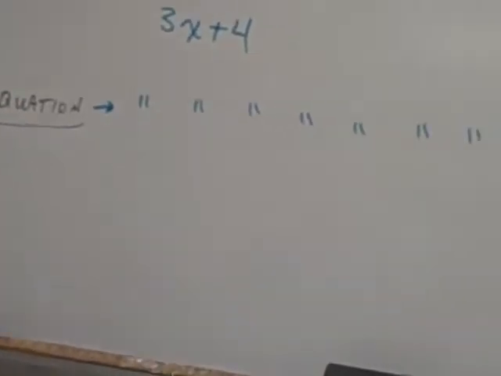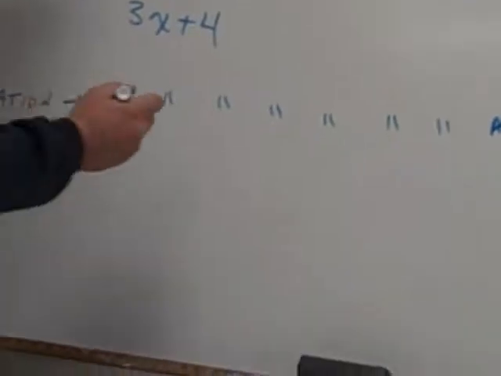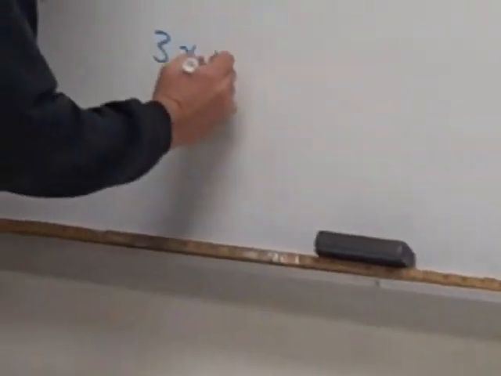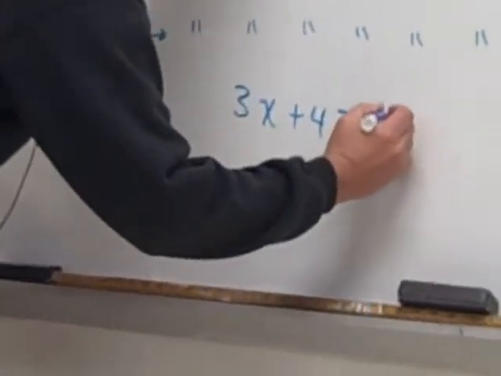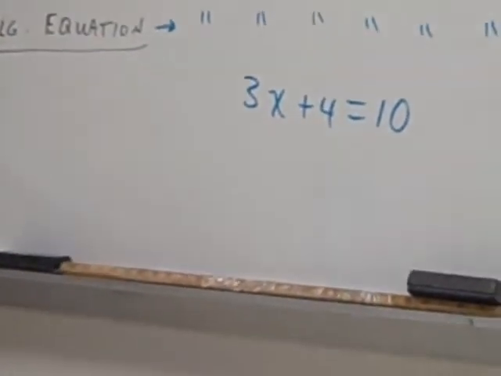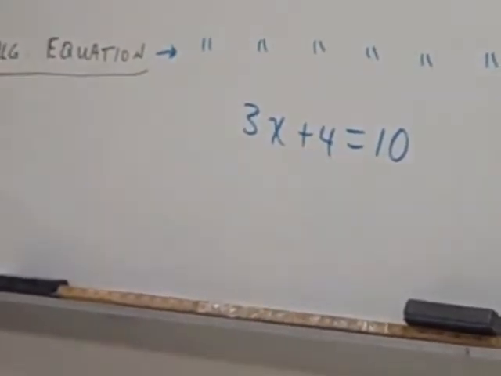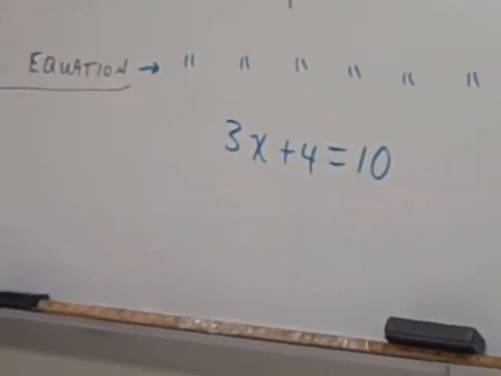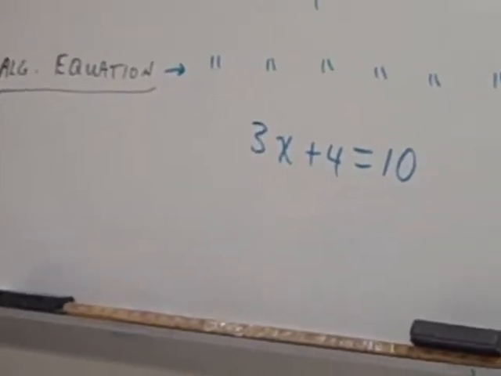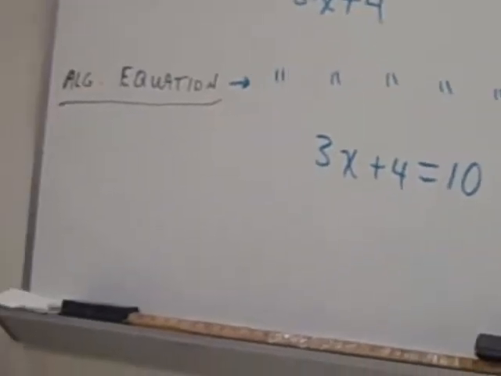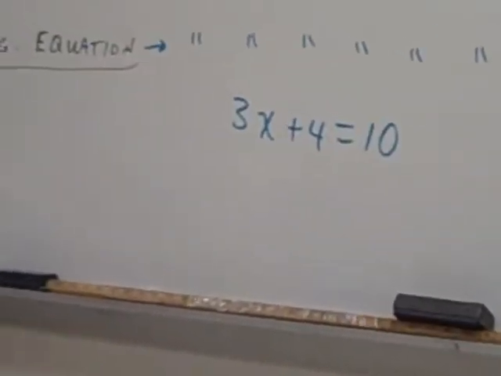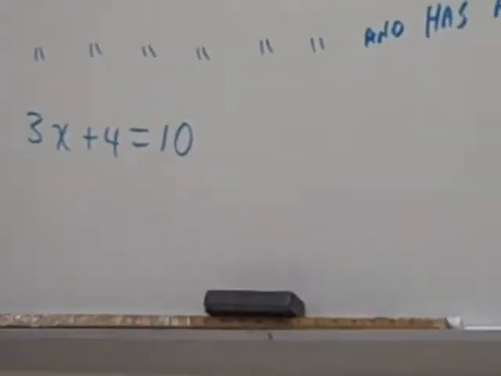So it will look like this. It'll have an equal sign and another number in it. That is the difference in the two things. Bless you, Mel. So can you tell the difference between an expression and an equation? Yes.